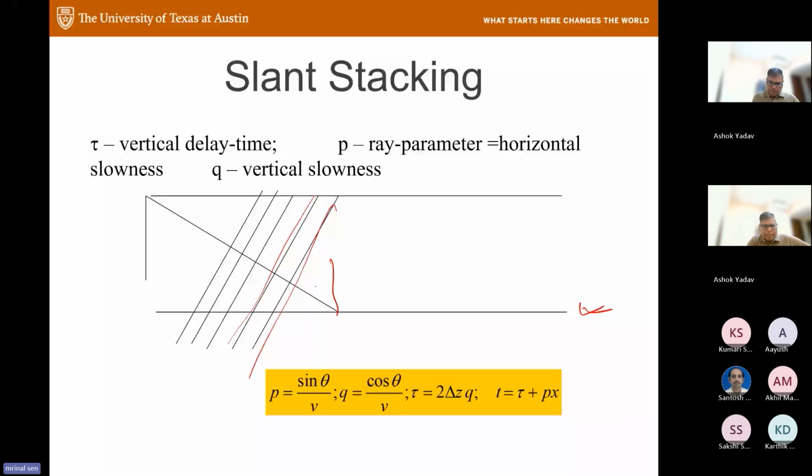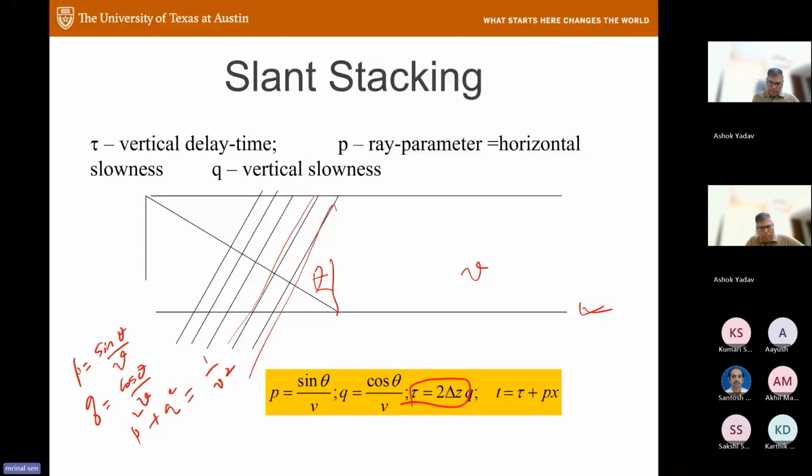So p is sine theta over v, and q is cosine theta over v, and therefore p squared plus q squared is equal to 1 over v squared.